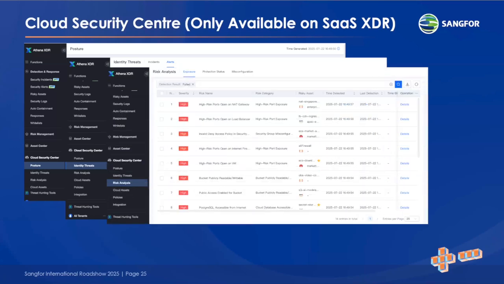Okay, and there is some risk analysis, and there is some exposure related, and there is some misconfiguration related. So the major function we can do is check your configuration on the cloud assets, because the most risk in the cloud is that some admins have not configured the cloud assets properly. So that is why CSPM is very popular.